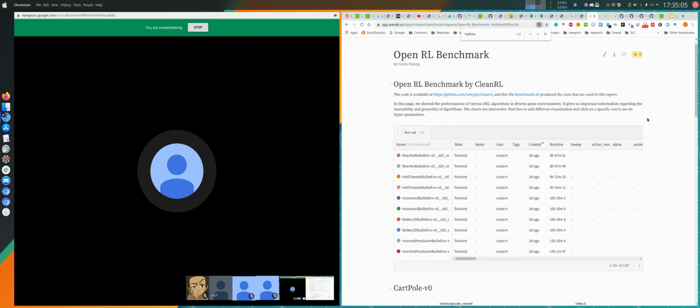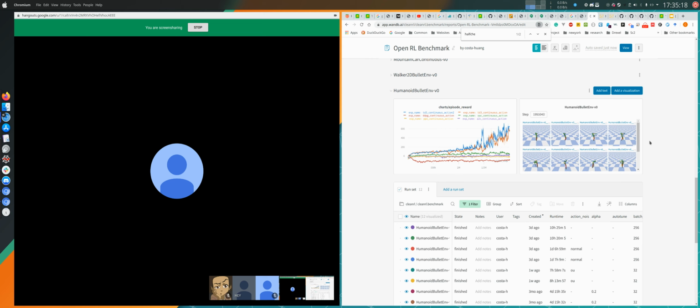TD loss is just a TD error. Do you know what TD error is? Yes, but the question is how it can help you in debugging. Why do you want to visualize this? How can it be beneficial for you for debugging, for whatever purpose?